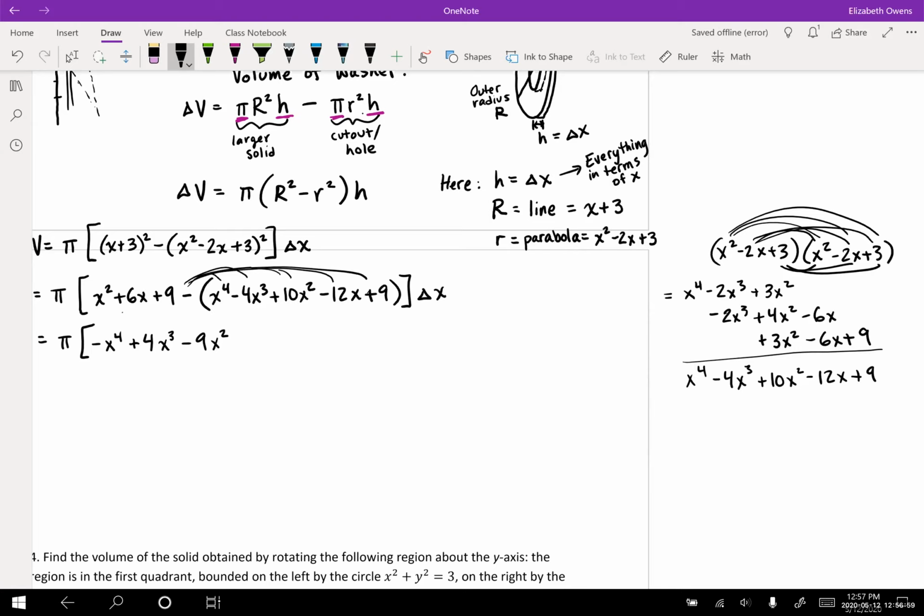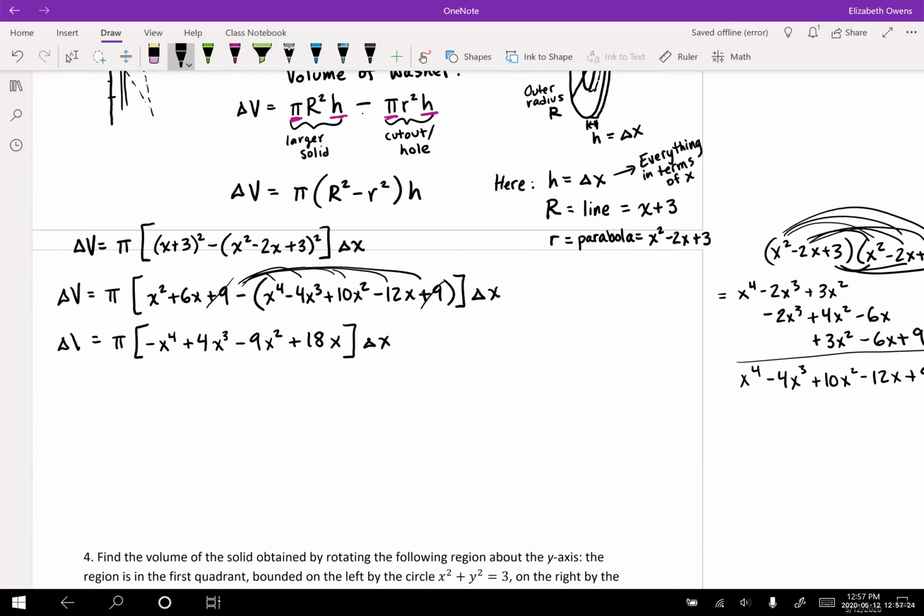For x's, we got 6 out here, and then minus negative 12, so 6 plus 12 would give us 18x. And then our constants, 9 minus 9. Hey, the constants go away. Small savings. All right, times delta x. So that's our delta v expression, as simplified as we can get it.